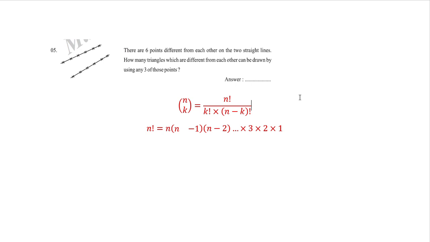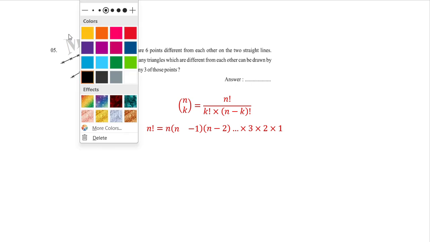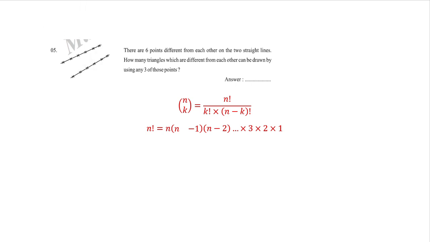Now let's move on to the problem, because now we have studied both of the formulas. Let's try to understand the way that we can draw at least one triangle.